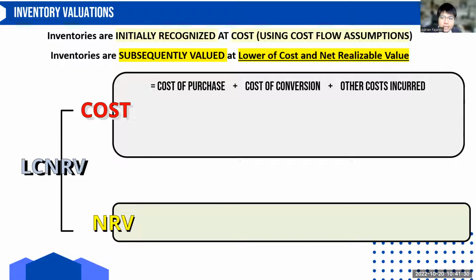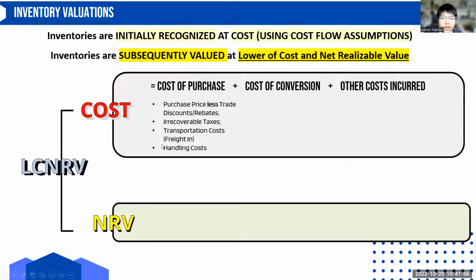Your cost of purchase, your cost of conversion, and your other costs incurred. So under cost of purchase, we're very familiar with this. It's purchase price less trade discount, right? Irrevocable taxes, transportation costs, so freight in adds to our cost of purchase, and handling costs. So this is more theory, but kindly make sure na you familiarize yourself.